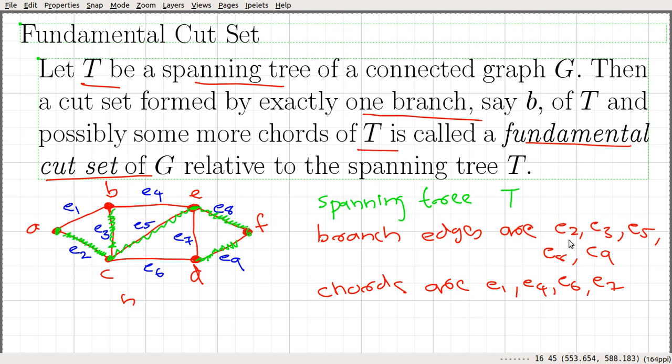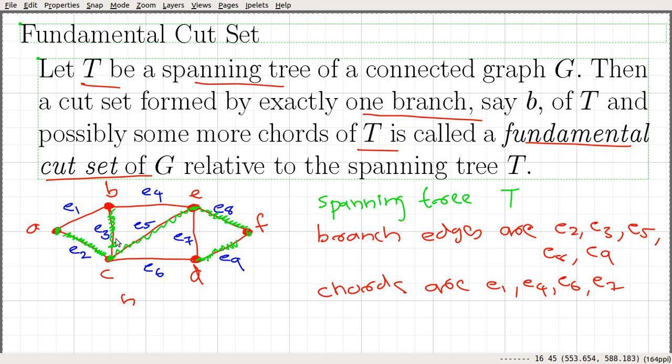Here it has 5 branch edges, since this graph has 6 vertices, and 5 plus 4 is 9 edges in total. So these are chord edges. A cut set formed by exactly one branch of T and possibly some more chords of T is called a fundamental cut set.